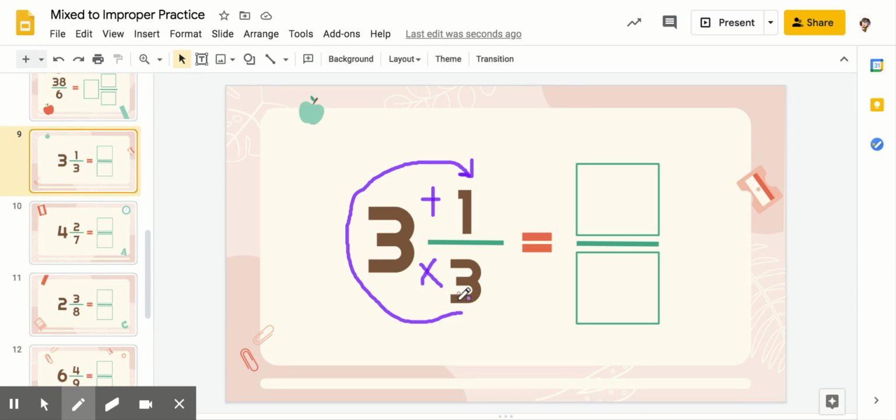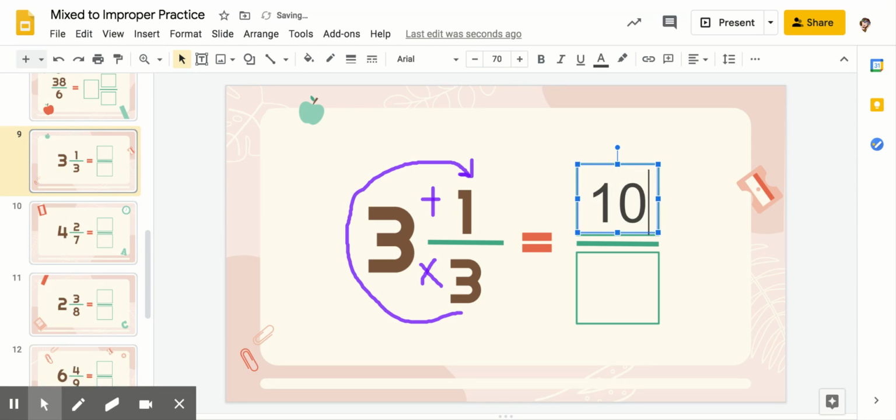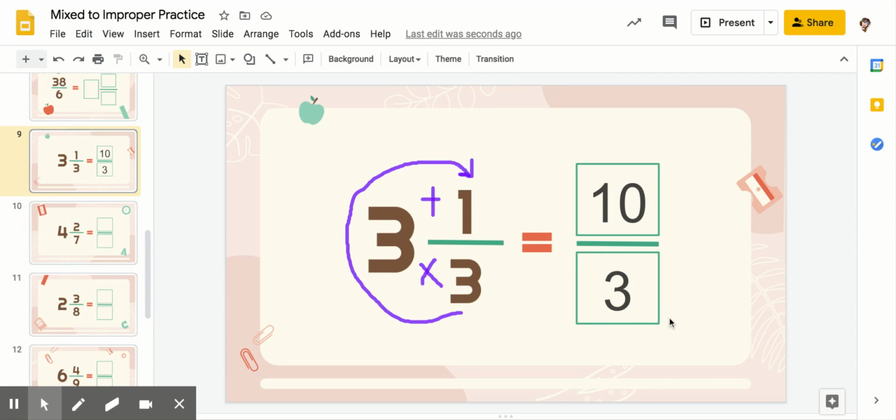So 3 times 3 is 9, plus 1 is 10. So my numerator would be 10. Whatever my denominator was, which in this case it was 3, is going to stay my denominator. So I end up with 3 1/3 is equal to 10 thirds.